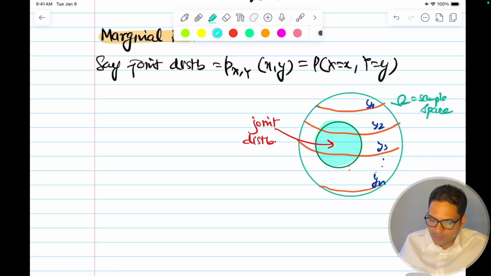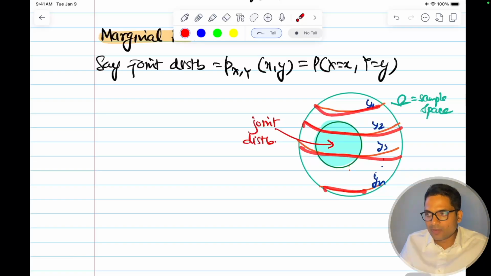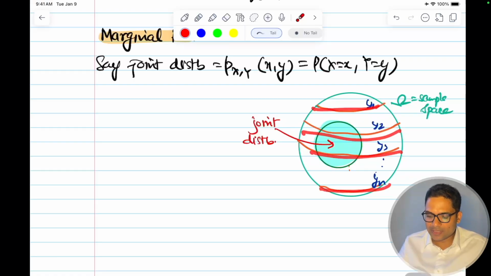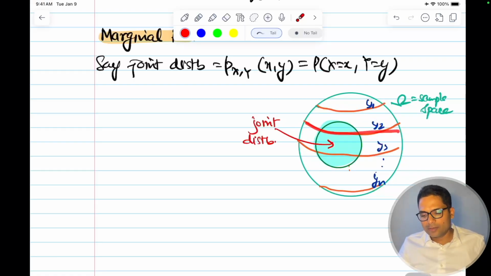So remember, the complete sample space is divided into multiple mutually exclusive partitions by all the possible values of y, and this is my joint probability distribution.